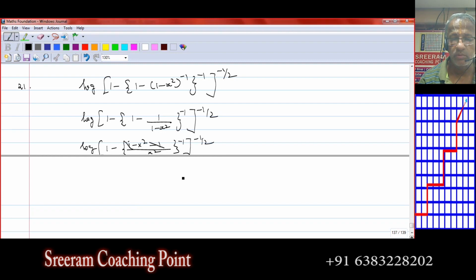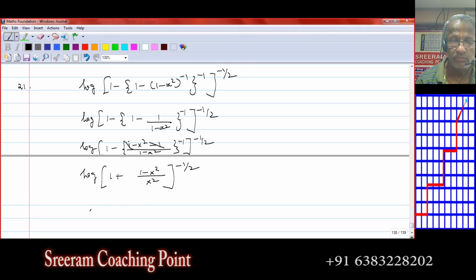So it will be 1 minus x squared, right? So this is minus 1. You can put it this way. Now it will be 1 plus (1 minus x squared) divided by x squared. Correct? And minus 1 we have eliminated.